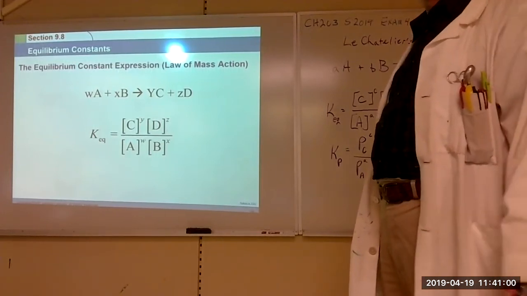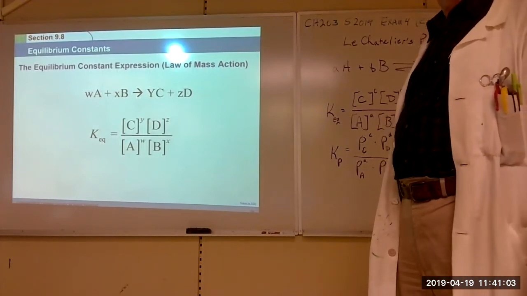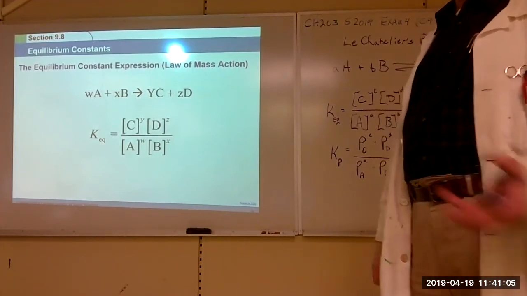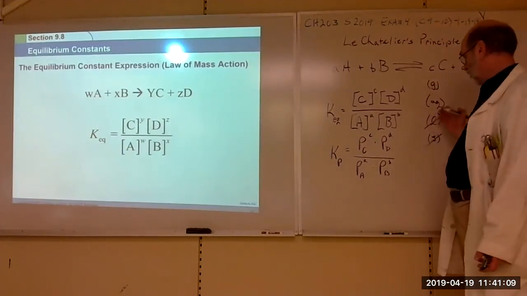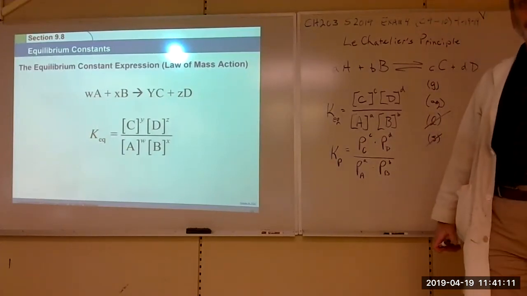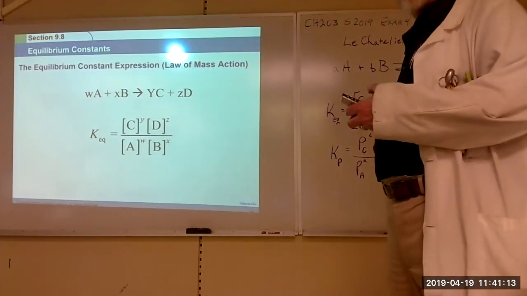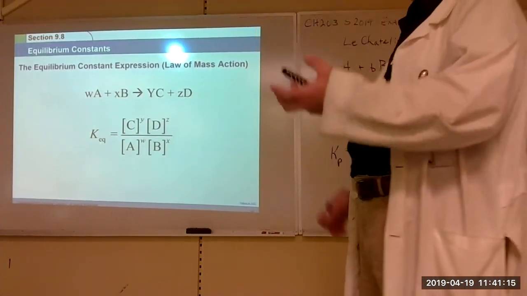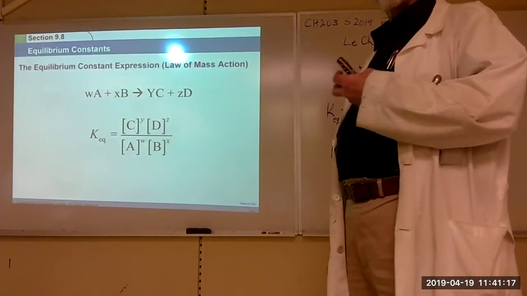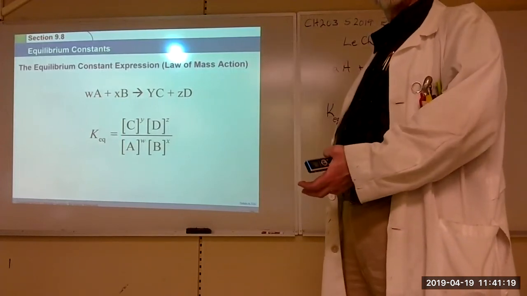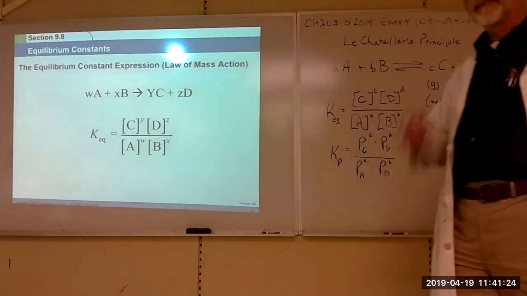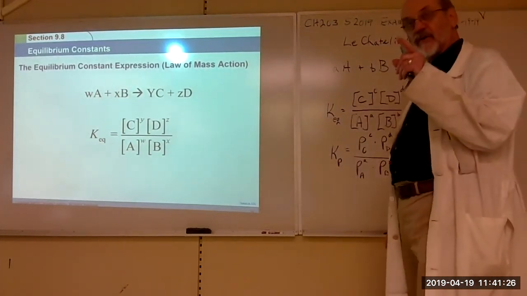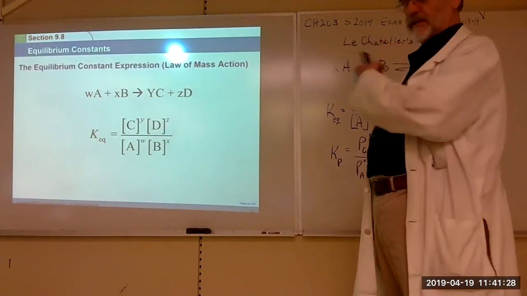It's just a solid. It doesn't have a concentration, right? That's why we leave it out. And for a similar reason, a pure liquid doesn't have a concentration either. Commonly, a reaction that produces water as a product would not have water included in the expression. Hang on to that thought, because when we get to acids and bases, I'm going to come back to this.